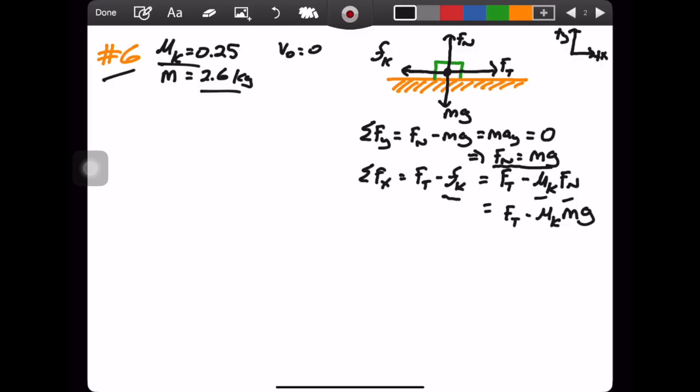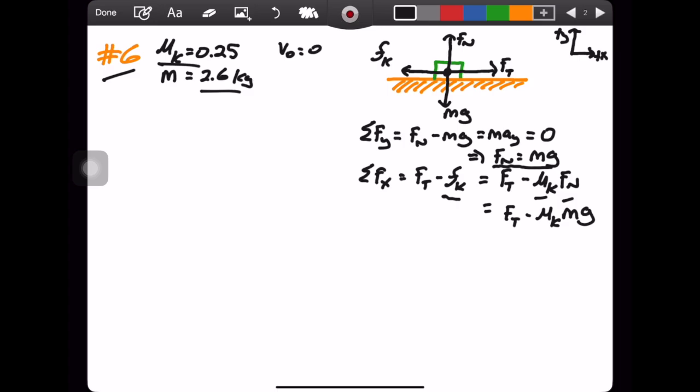Okay, this is going to be handy because now to solve this problem, I have to think about work. And work is going to be force acting over distance. In the vertical direction, the forces cancel, and so there's no work happening in the vertical direction.